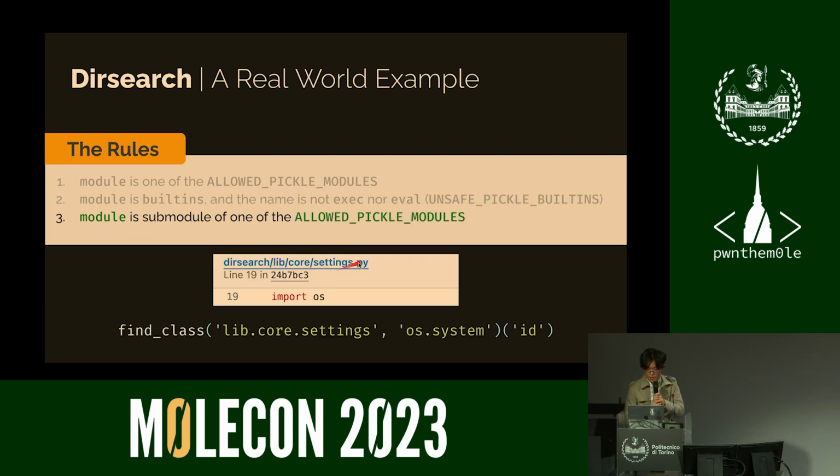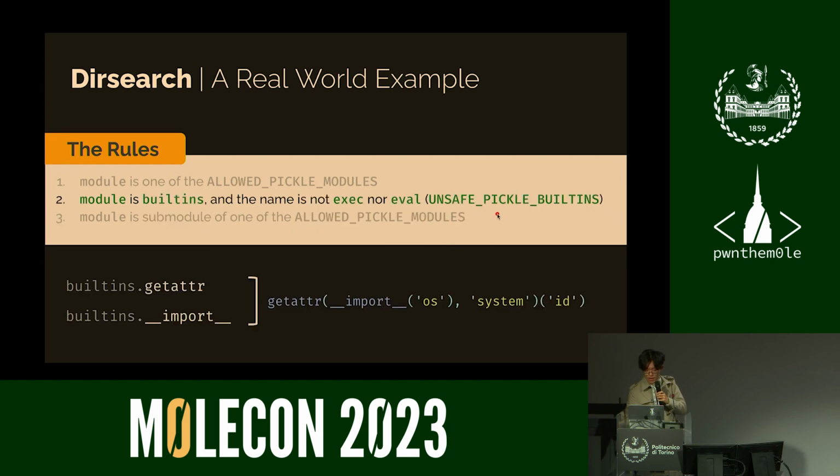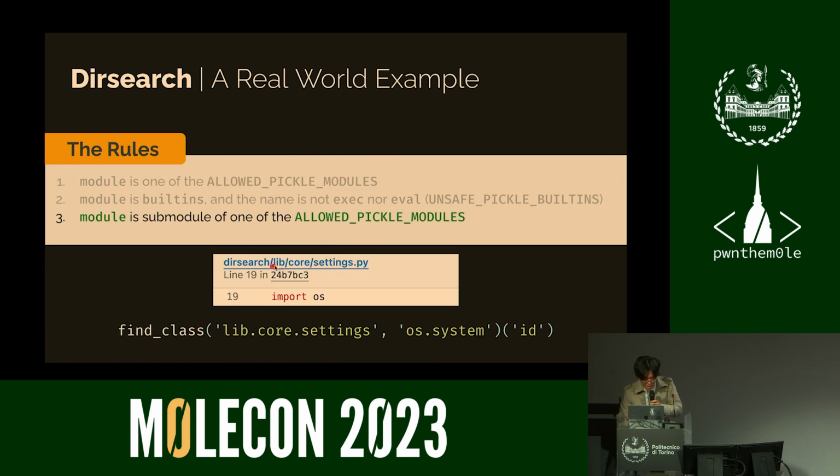Also, for the third rule here, the module is a submodule of one of the allowed Pico modules. The allowed Pico modules are defined here, and in this lib module, it has imported an OS module here, so you can get a system function.